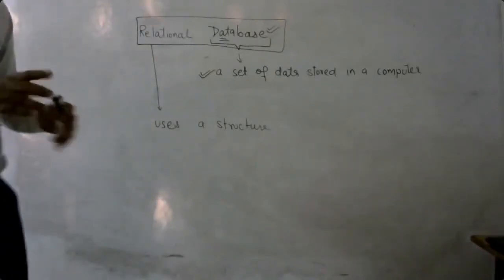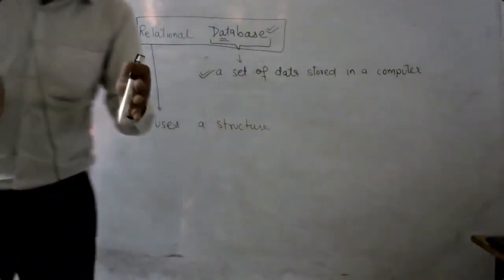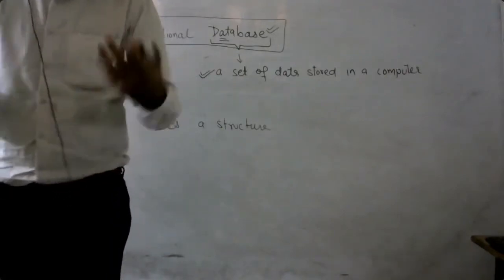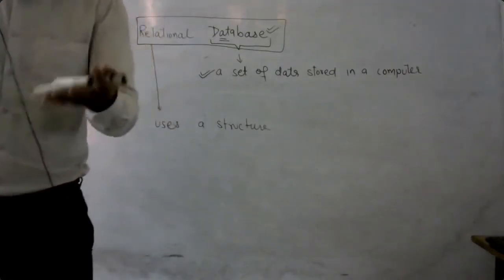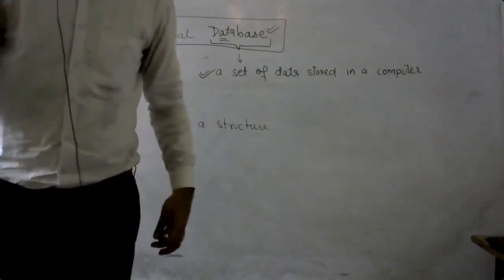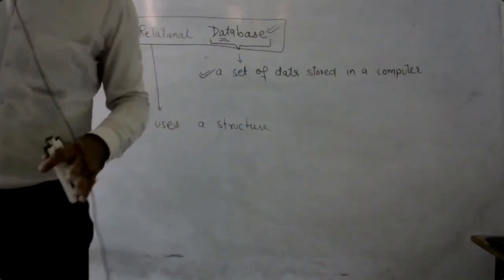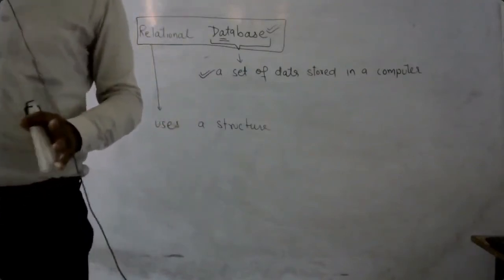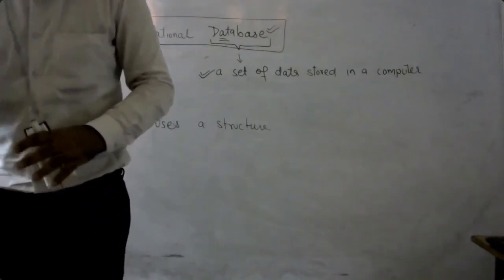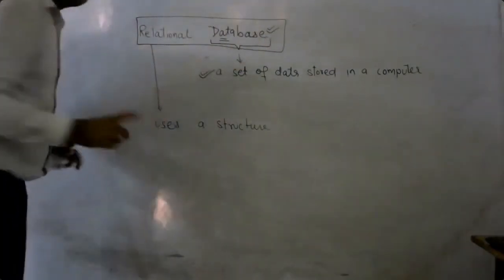Try to understand. First, we will store the data. We have developed a structure. Now we will develop the software, so we will take the data from the user. Suppose you enroll for the university. You will put some data there. Later on, when your mark sheet is generated, when your degree is generated, they will extract your data from that database. For that purpose, a relational database is required.